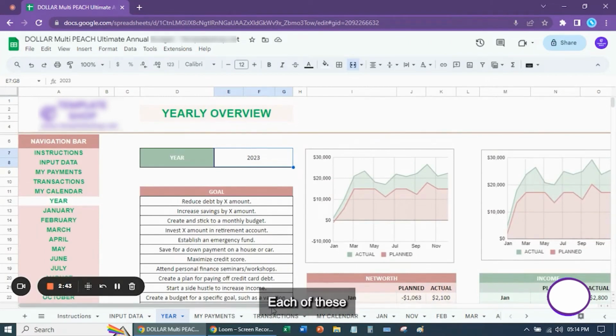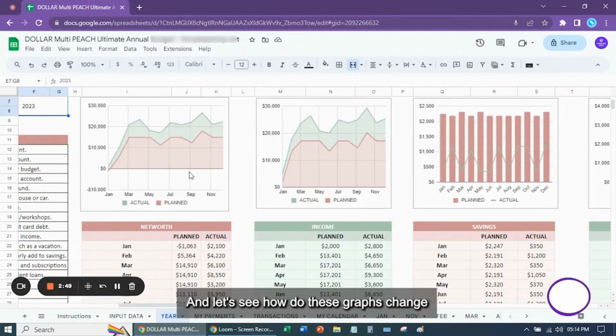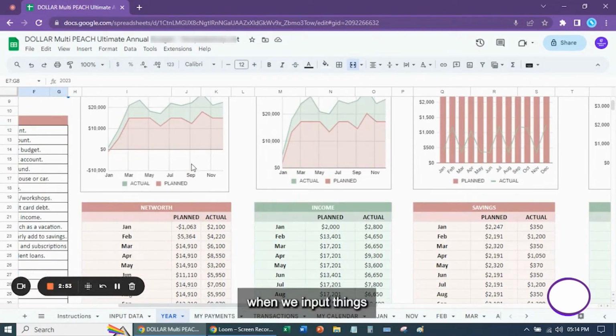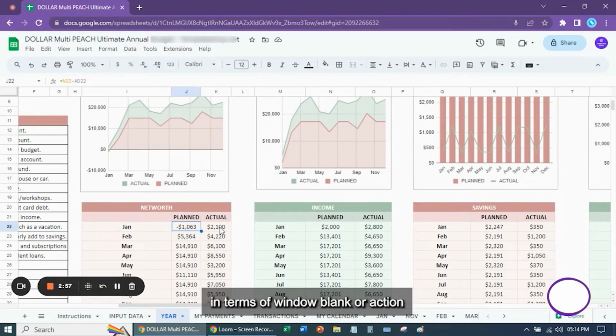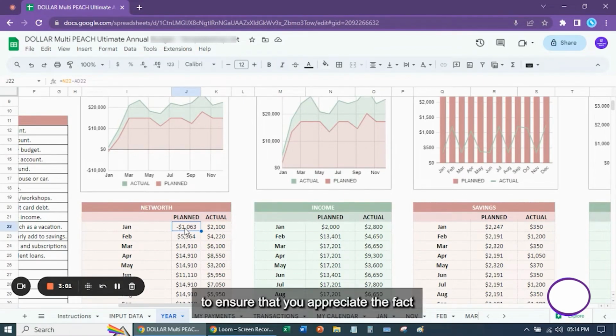Each of these is highlighted by various graphs. And let's see how these graphs change when we input things, whether planned or actual. To ensure that you appreciate the fact that these graphs change dynamically, let me make some drastic changes.